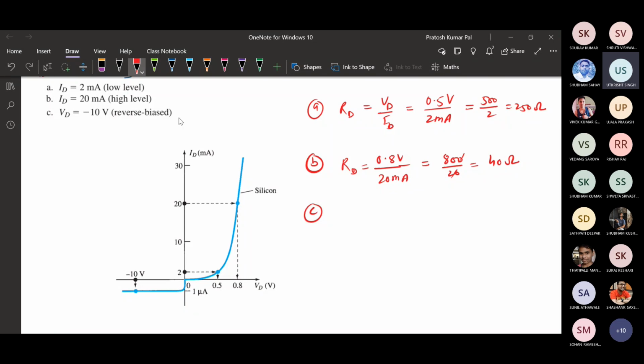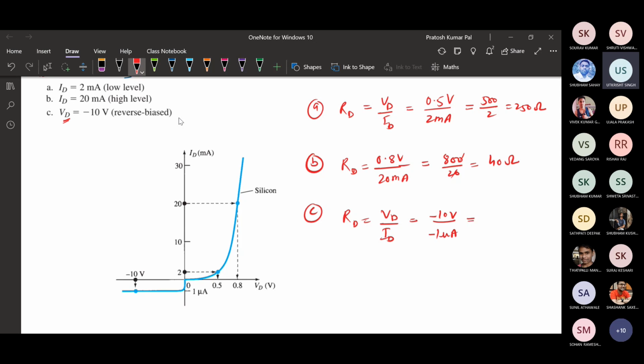Similarly, we can find the resistance at VD equals minus 10 volt. At minus 10 volt, the current is a constant 1 microampere. So RD will be VD divided by ID, that is minus 10 volt divided by minus 1 microampere.